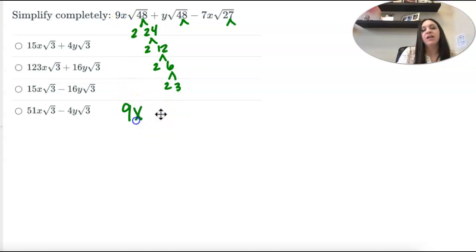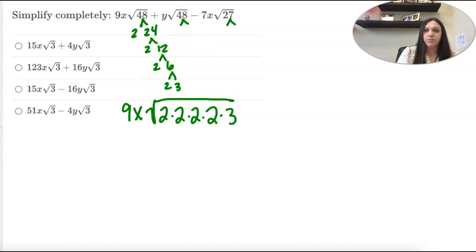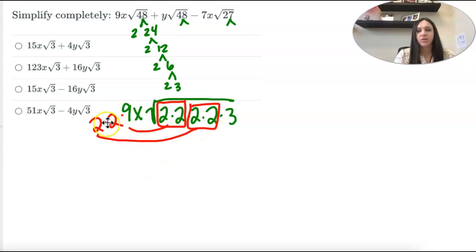So I have 9x, and then instead of 48, I have 4 2's, 1, 2, 3, 4, times 3. Take out the pairs and write it just once. And then multiply. So 2 times 2 times 9 is 36x, with 3 left over underneath.